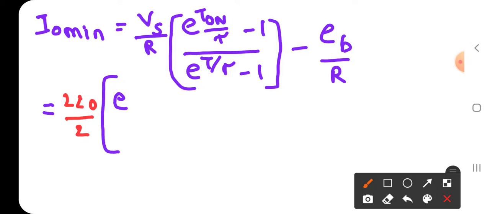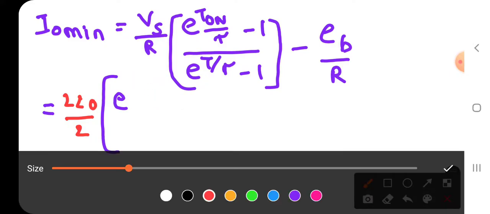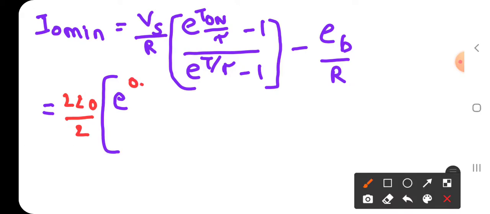If we cancel 10 power minus 3, 10 power minus 3, then we have e power 0.1 by 5 minus 1, divided by e power t by tau minus 1.